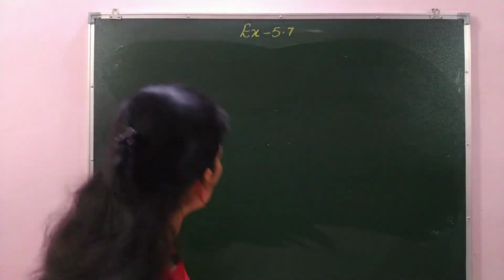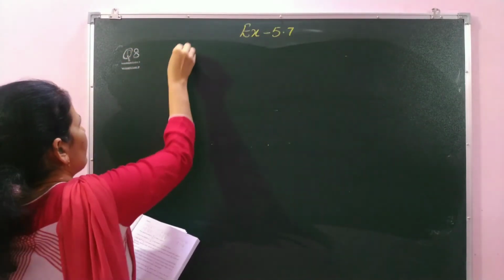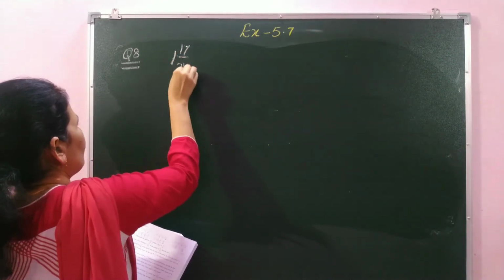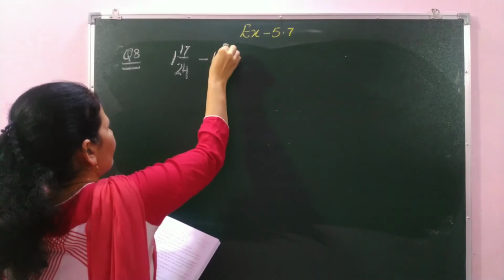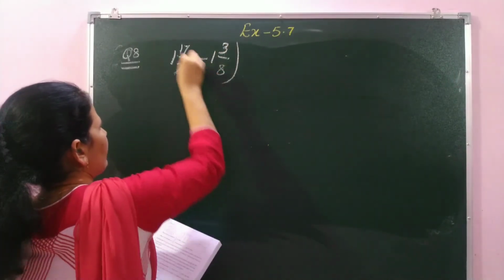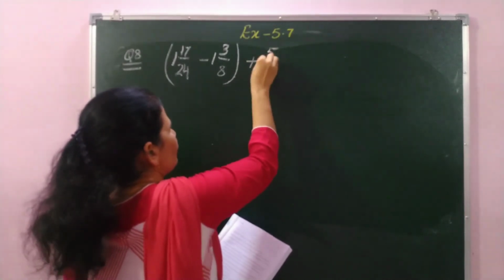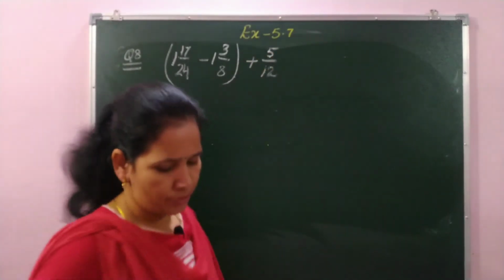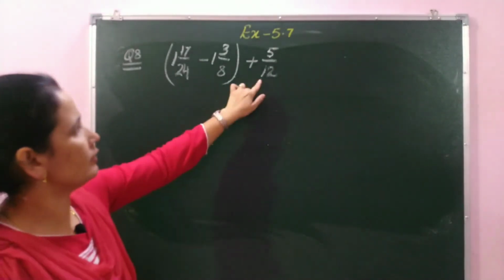So let's see this question. Question number 8: difference of 17 by 24 and 13 by 8, add to 5 by 12. This is our question. Okay, the difference of these two, and we have to add this third.